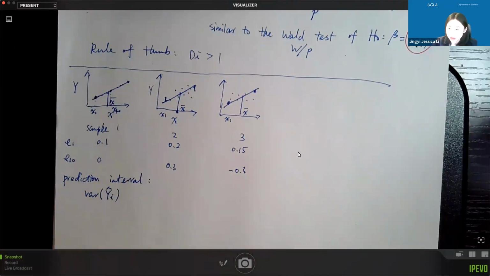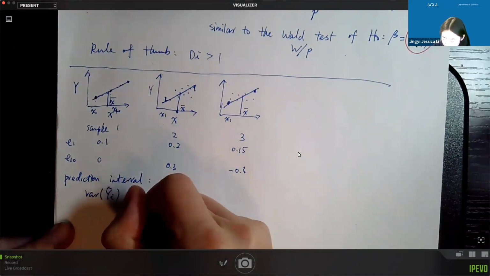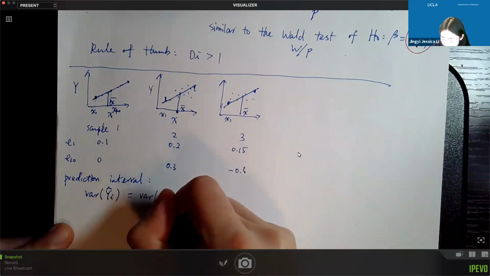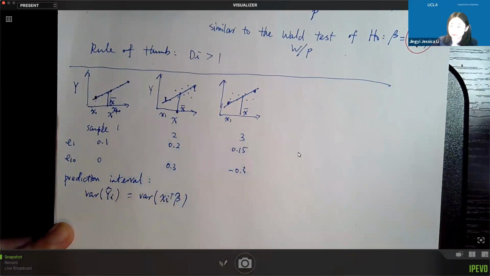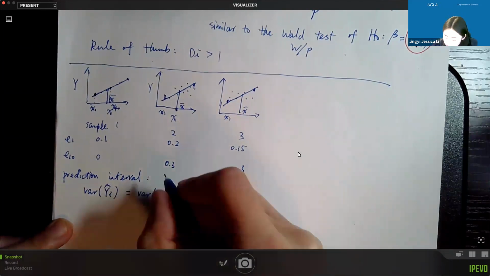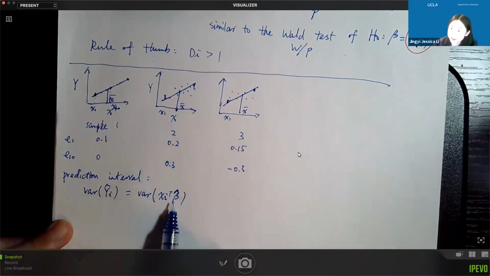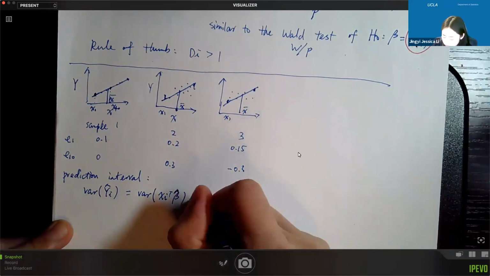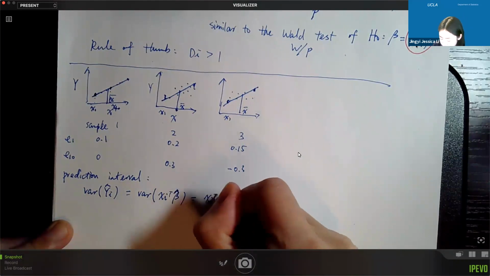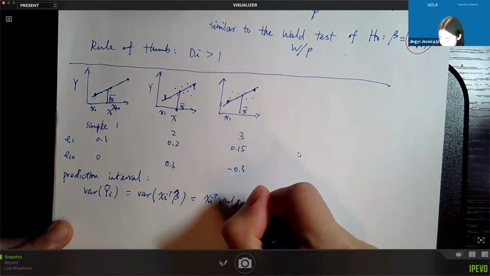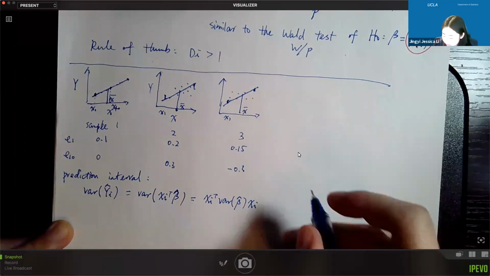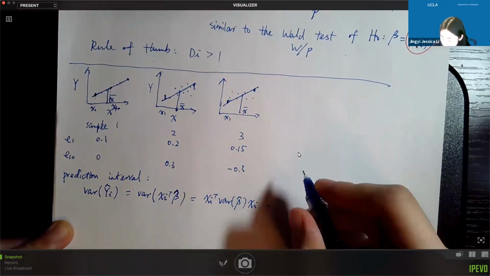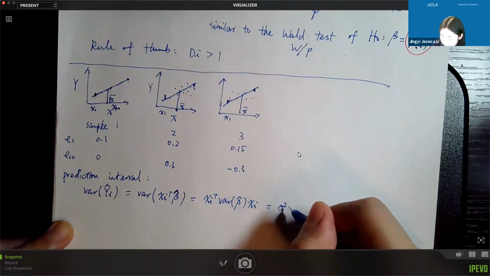We know that this can be written as xi transpose beta hat, right? The randomness comes from the beta hat, not from the xi transpose, that's fixed. So you would have xi transpose, the covariance matrix of beta hat, xi. Then here, you get this part out. That just becomes sigma squared, that's a constant.